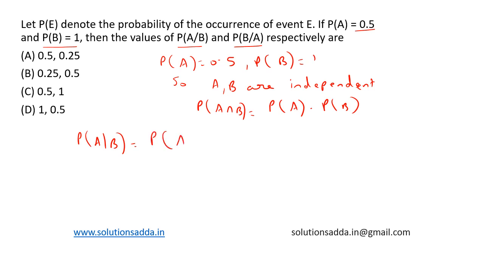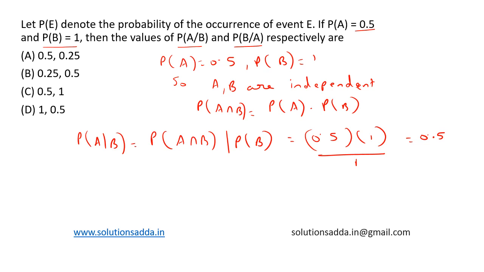This is equal to P of A intersection B divided by probability of B, which in this case is 0.5 into 1 divided by 1, which is equal to 0.5. So A or C are the possible answers.